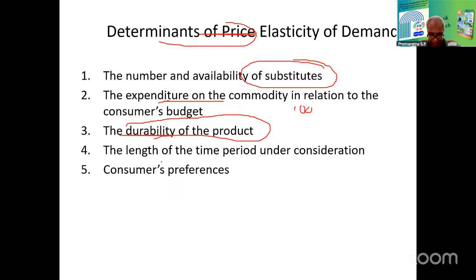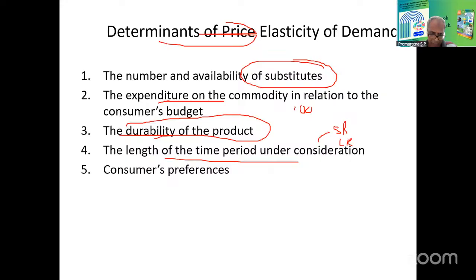The other one we discussed is the length of the time period, whether you calculate the price elasticity in the short run or the long run. For example, let's say state budgets, tax on cigarettes and those kinds of things. What happens when you tax cigarettes and such things? In the short term it can impact the behavior of consumption and reduce demand.